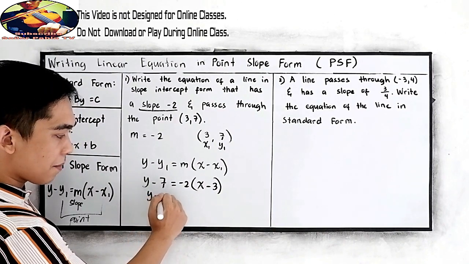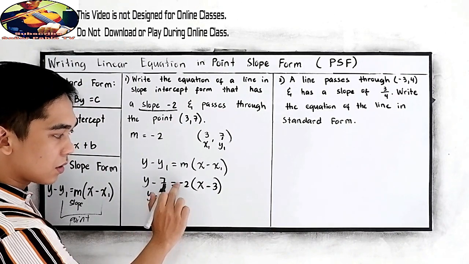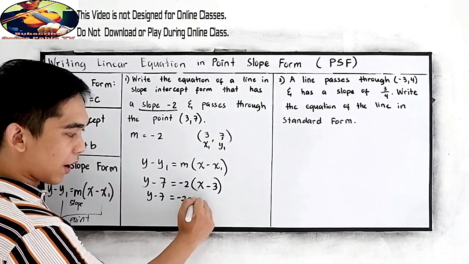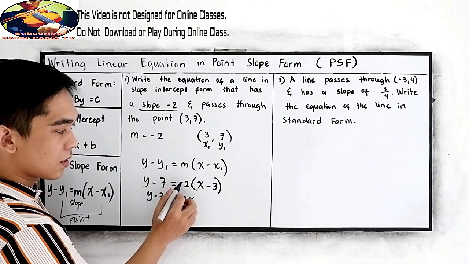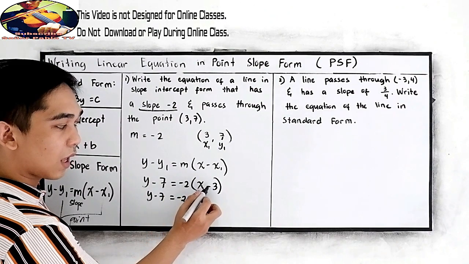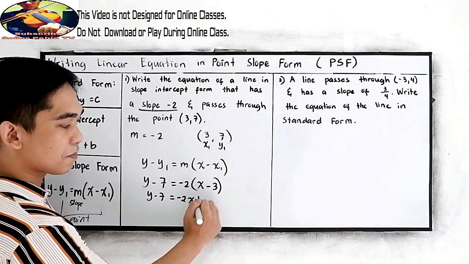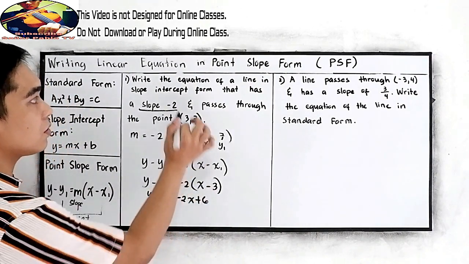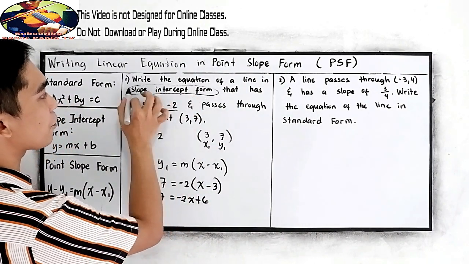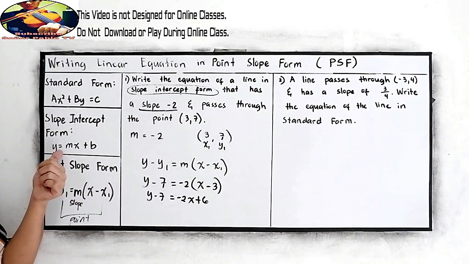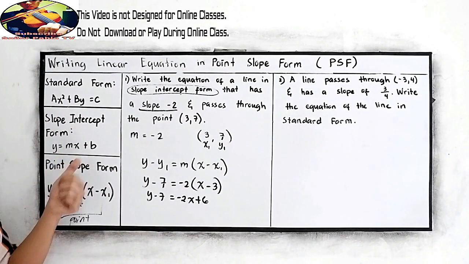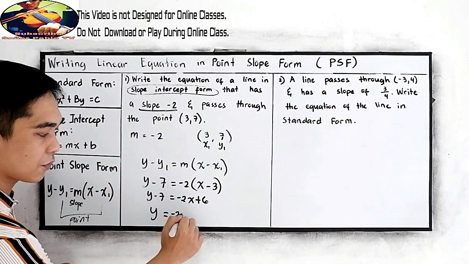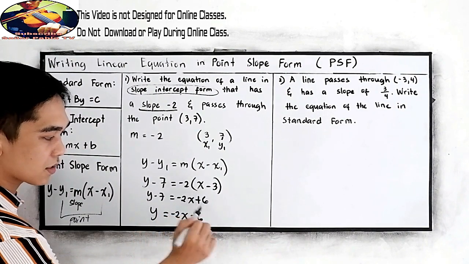Now y minus 7 is equal to -2 times x, that is -2x. -2 times -3, that is +6. Write into slope-intercept form. So y is equal to mx plus b. So y is equal to -2x plus 6.